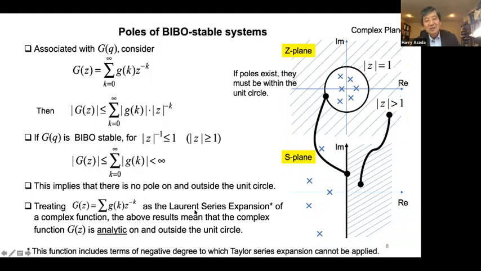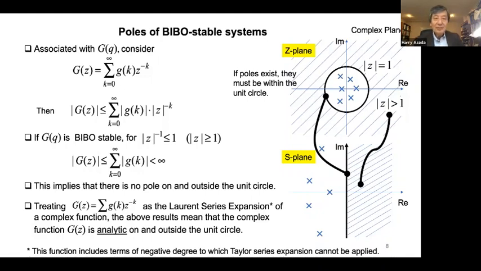So we had to use the Laurent series expansion, but it goes side by side with the Taylor expansion. So if this kind of series expansion exists, such a function G(z) is called analytic. If it's analytic, this expansion always exists. Okay.